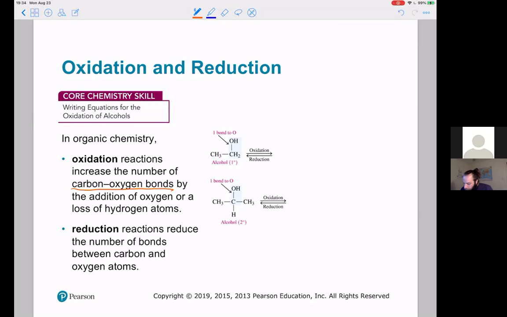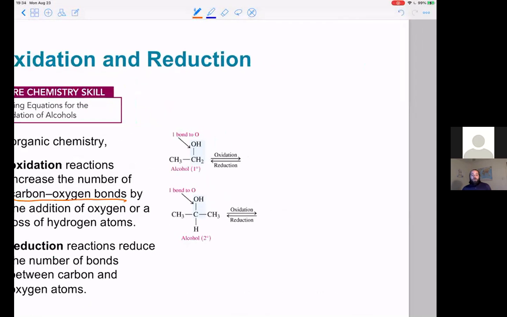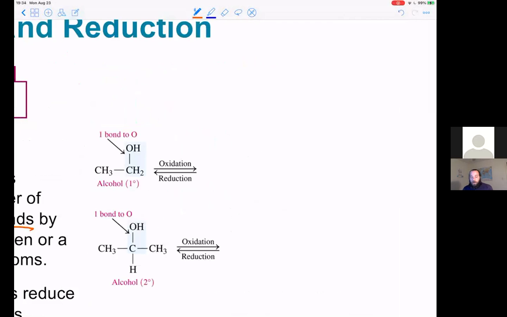Okay. So let's take a look at primary alcohols first. Remember, those are alcohols where the carbon that they're bound to is only bound to one other carbon. So if I oxidize this compound here, I'm going to create more carbon-oxygen bonds. So what that's going to look like is this here. Right?